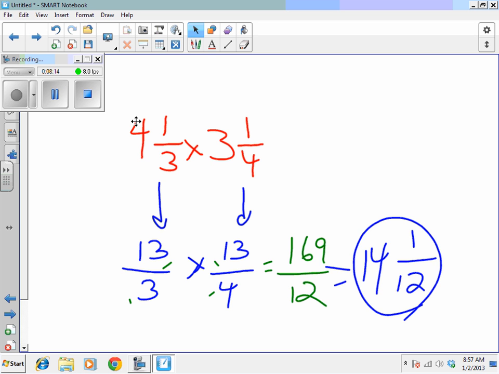Page 378. On page 378, would you complete individually problems 10, 11, and 12? 10, 11, and 12 on page 378.